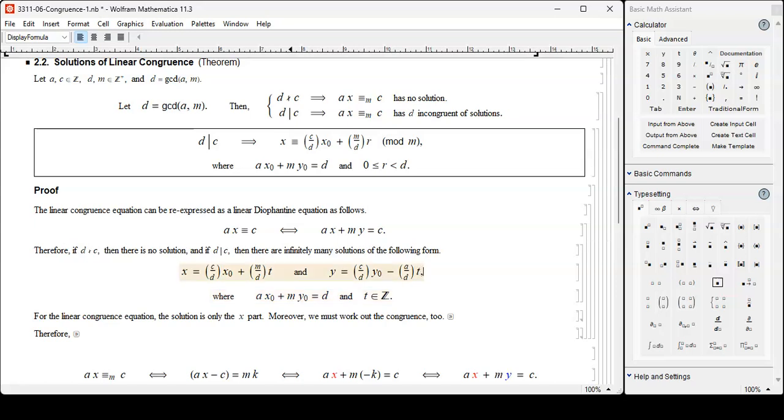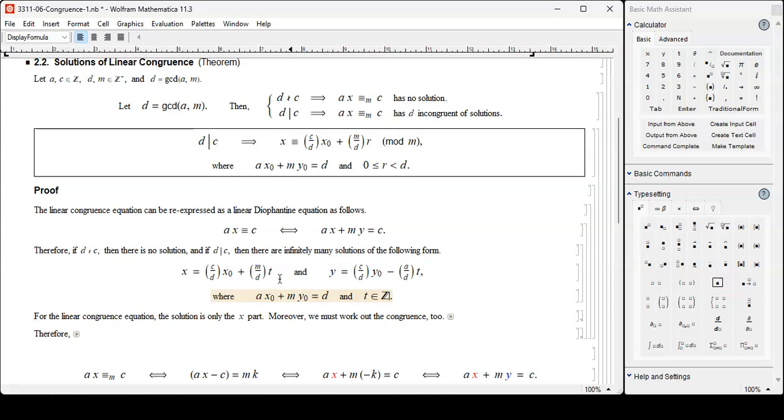x is C over d times x0 plus m over d times t. And then y is C over d times y0 minus a over d times t. But the y part is not that important. The x part is really, really important. And the y part did its work finding out this x0.